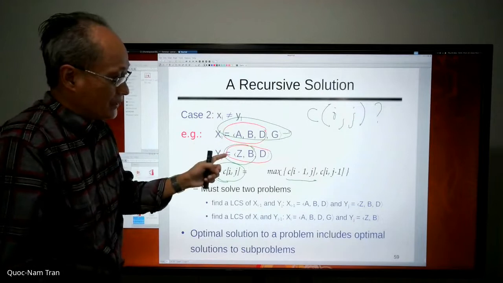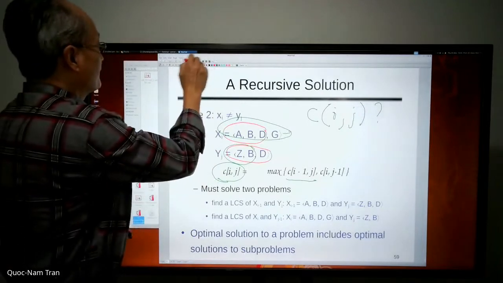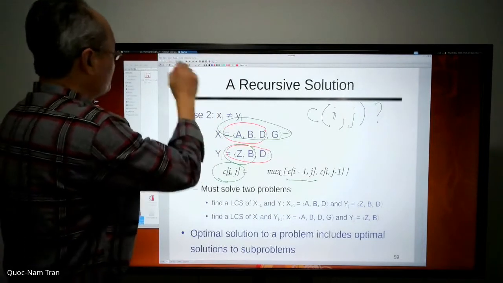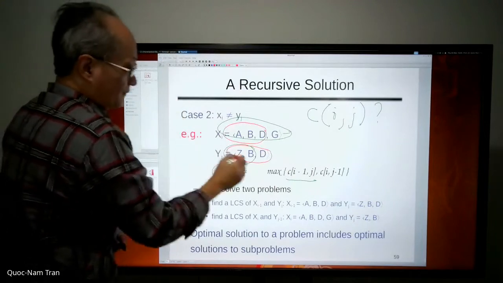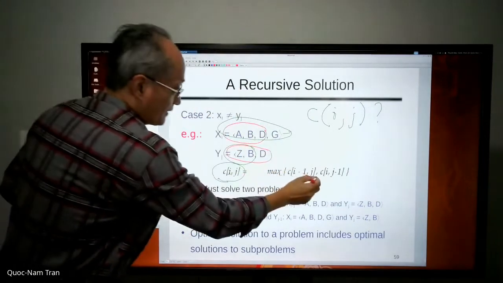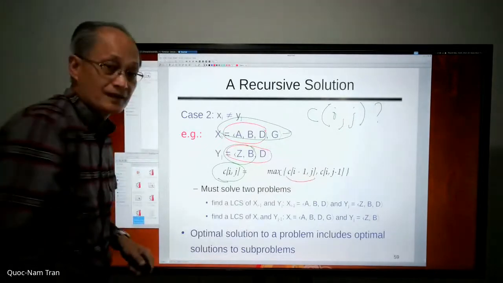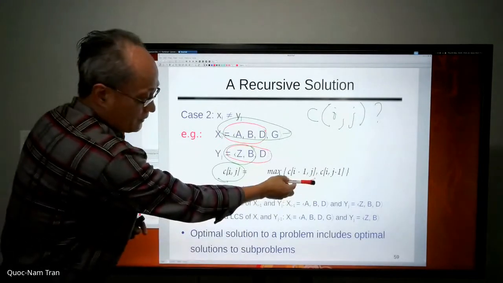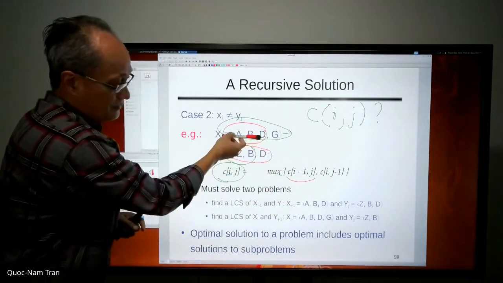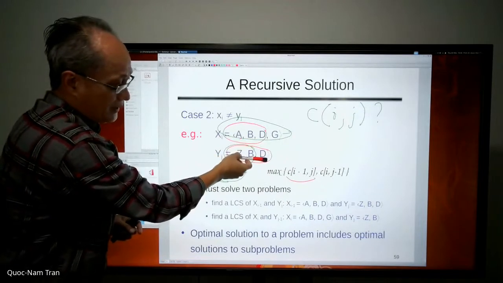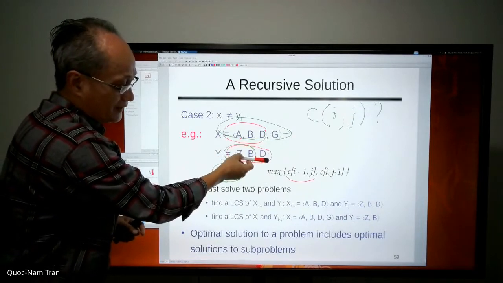Okay. Then we know from here that we will have C(i-1, j), right? That is the red one. Let me choose that color instead. First, we find out the common subsequence of x(i-1) and yj, right?